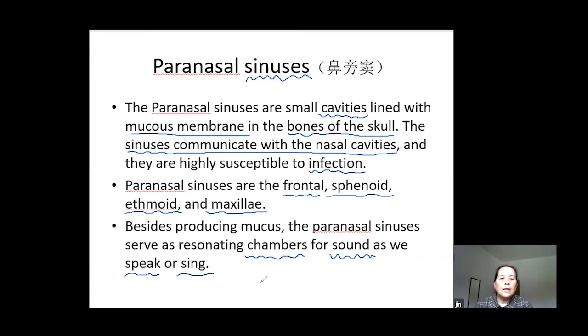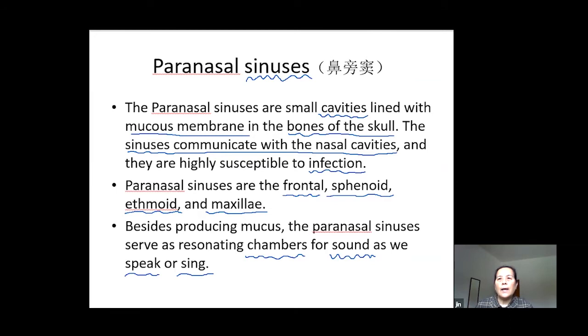Just like if we go to a totally empty room and then we yell there, the sound is much bigger, compared with a room with lots of people inside, where the sounds will be absorbed by the materials, by the people. So that's the sinuses' function.